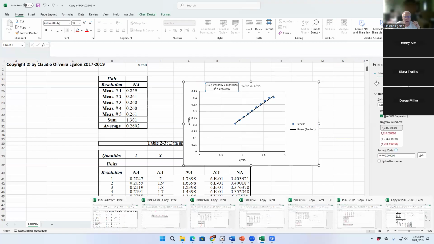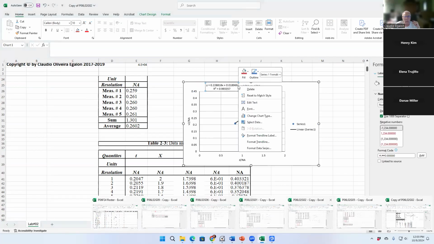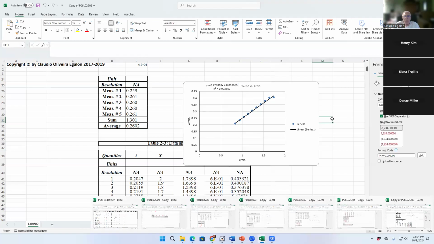If I right click it, I don't see the format option. I just see chart area, chart style, chart axis and titles, series, legend, axis, grid lines, and data range. That's the only options that I'm getting, which is weird.